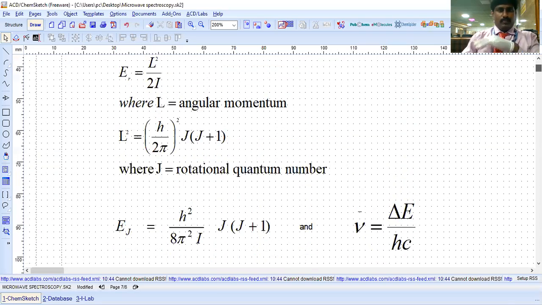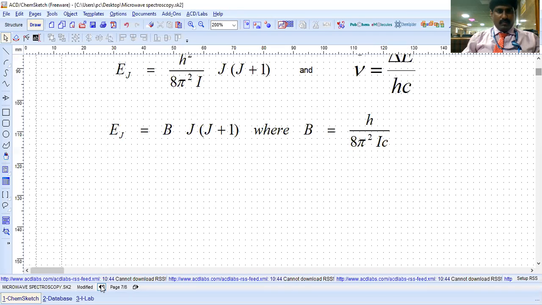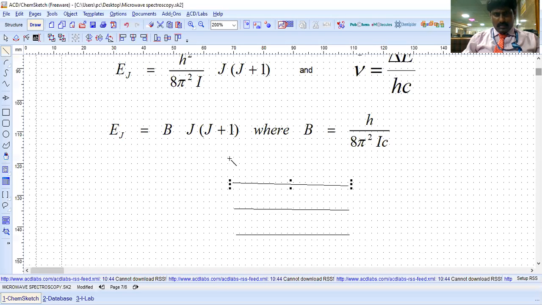Let us assume the same thing. This is one energy level, that is the second energy level, J1, and this is J2 and J3. We can keep one more here.